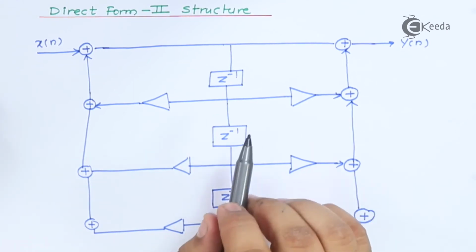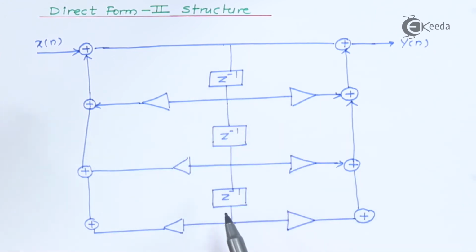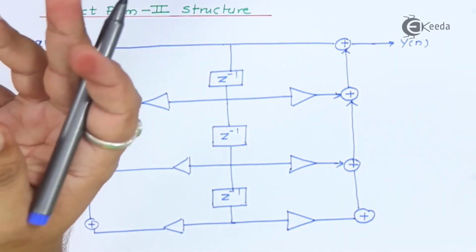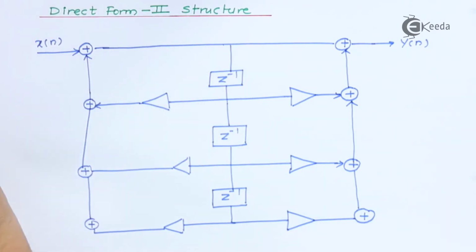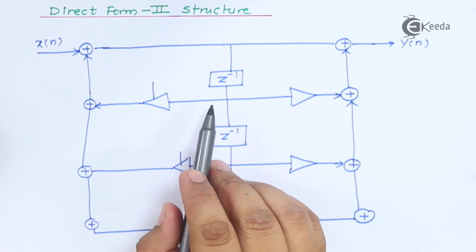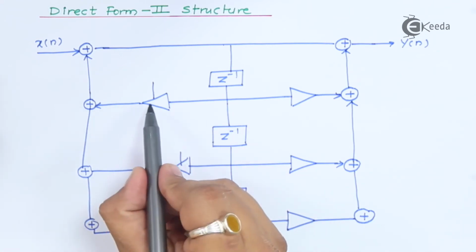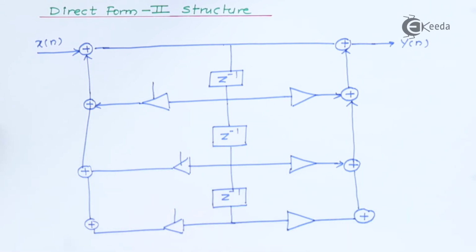Now if I take all the memory elements common, then we required only 3, because on the right hand side we have 3 memory elements, that is delay 3. Now on the left hand side also we have 3 delay elements, or you can say memory elements are 3. If I club both the memory elements and attach them in one series, then you can get this idea. But look at it, in direct form 1 on the left hand side we will always multiply all the buffer elements by b0, b1 and b2, the constant values of b.